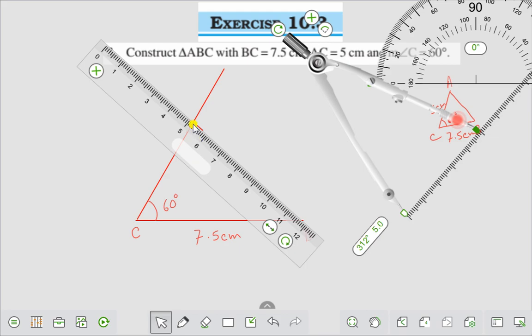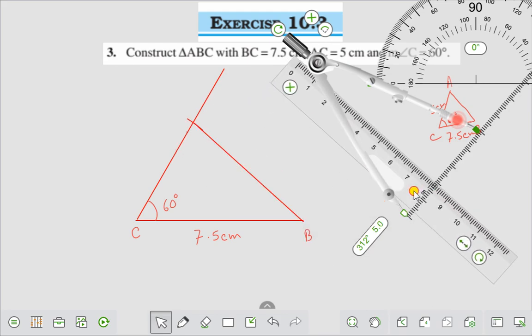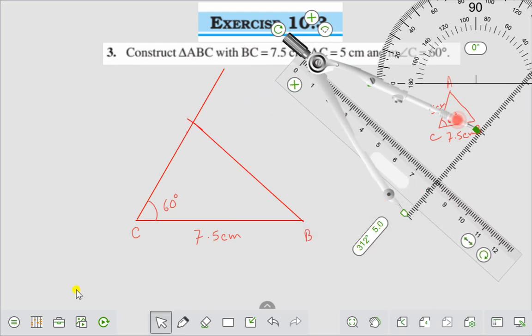Now draw this, join this line. Now we got this triangle. This point is A.